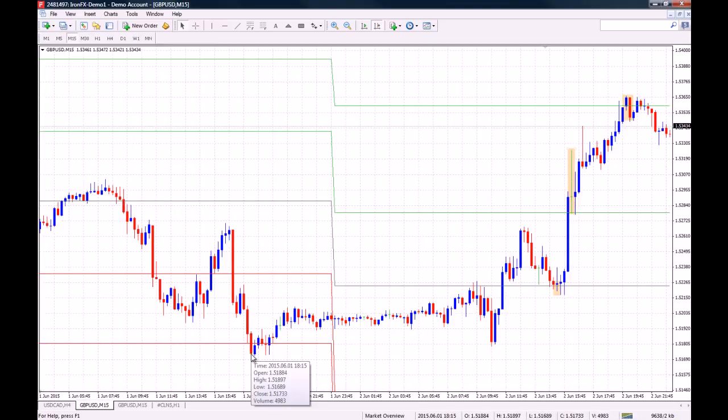Then we have a candle that breaks through the daily support 2, and then we have 2 bullish candles. But we still don't have a clear signal that we are moving up. Why? Because the bearish candle still engulfs these 2 bullish candles.